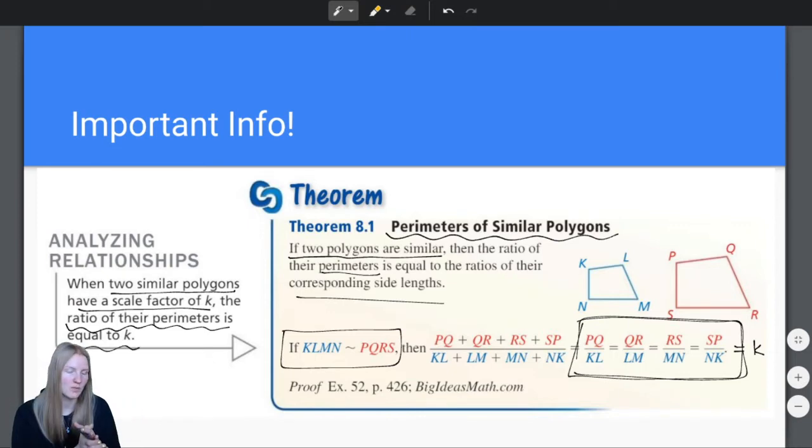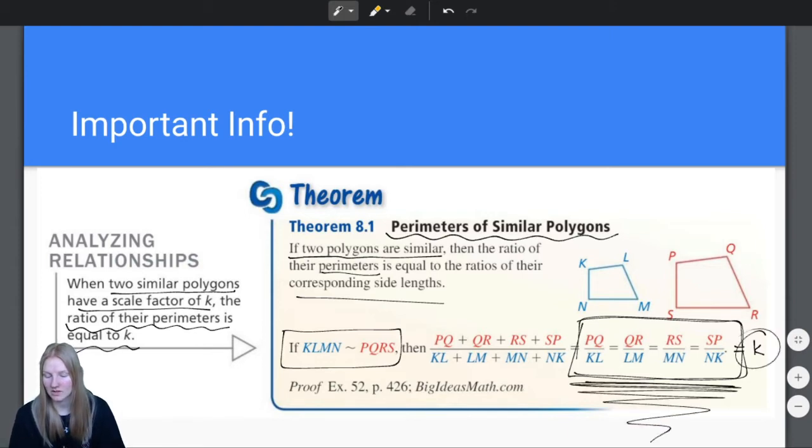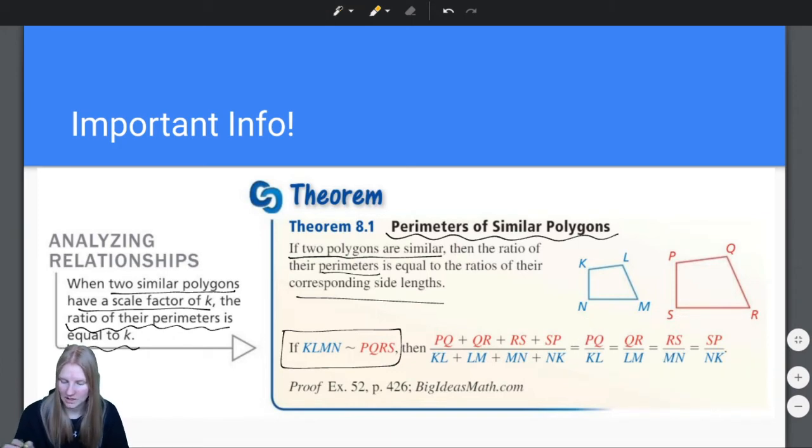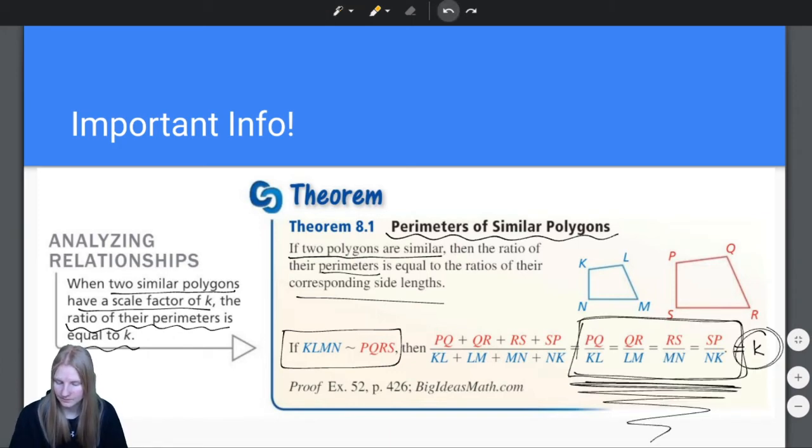The ratio of the perimeters is equal to the scale factor because the ratios of corresponding lengths is equal to the scale factor. So, now, I'm going to take a look at, let's actually leave that k there.